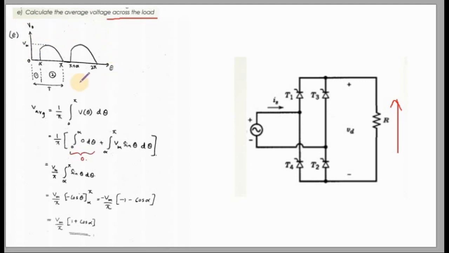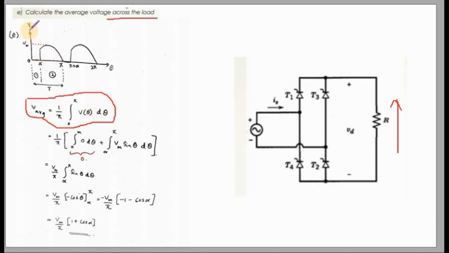So it's like this. As you all know, the equation for average voltage is V average equals 1 divided by period, times the integration of the voltage waveform d theta.